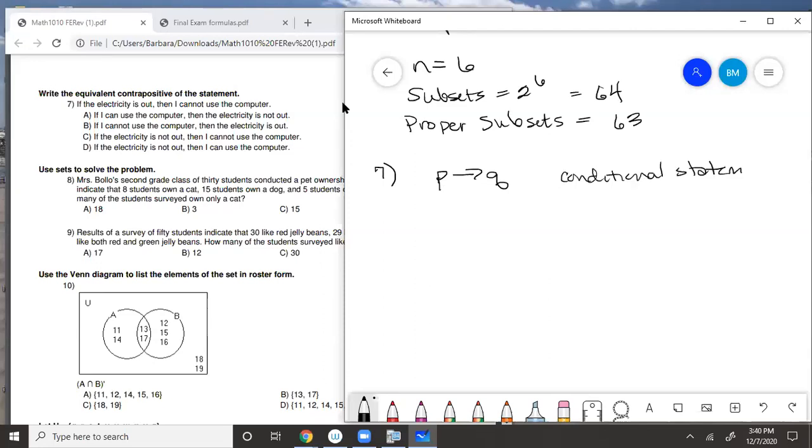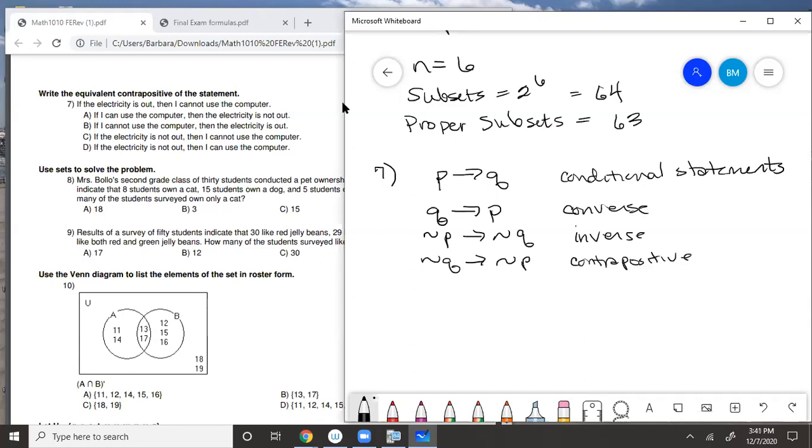Let's talk about all the different ways we can arrange it. If you reverse these and say if Q then P, that is the converse. If we say not P then not Q, that would be the inverse. That's negating both sides. And if you say not Q then not P, that's what we call the contrapositive.